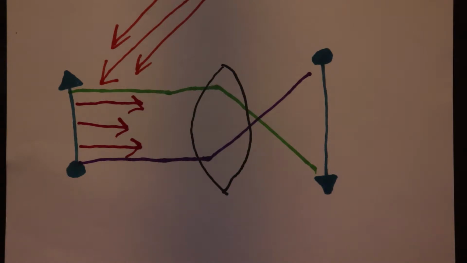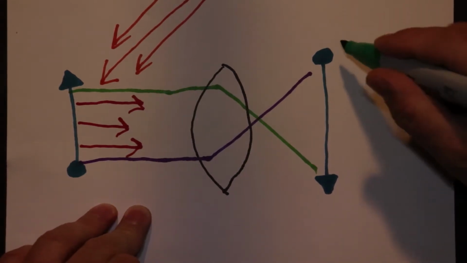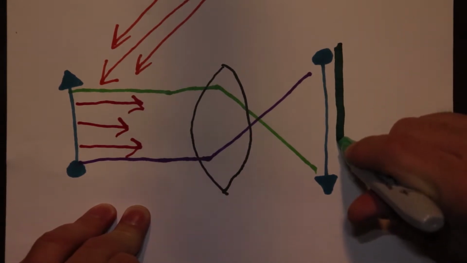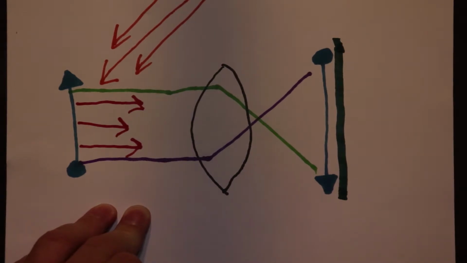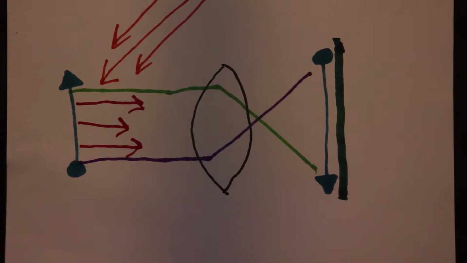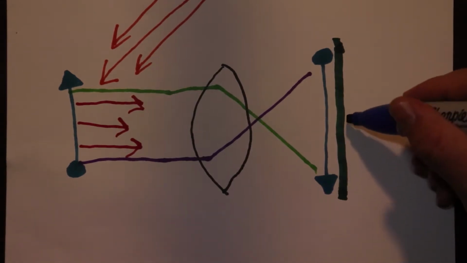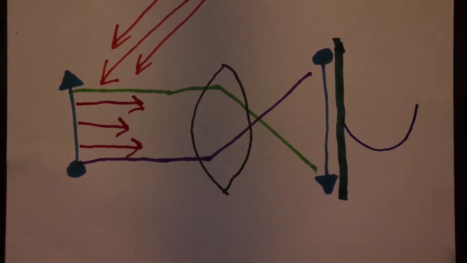At that point, the retina, which will be this big green line, and our green sheet of construction paper in the video, gathers the information about the object and sends that information through nerves to the brain.